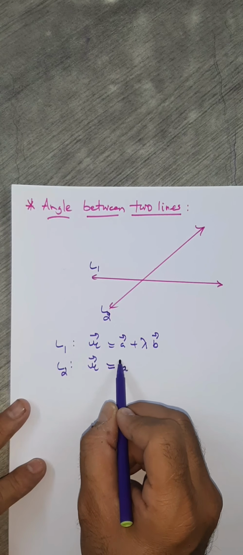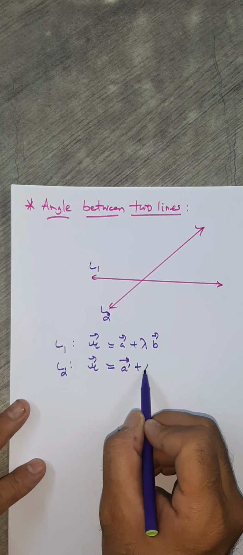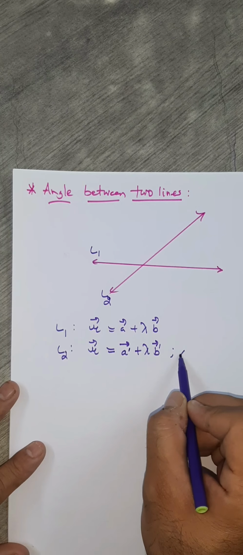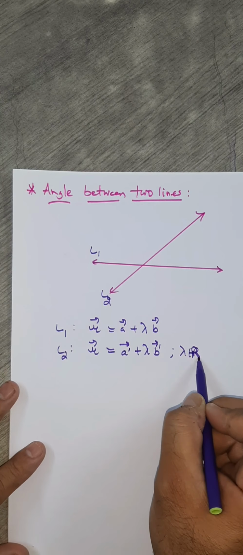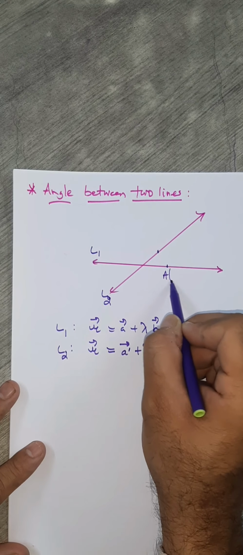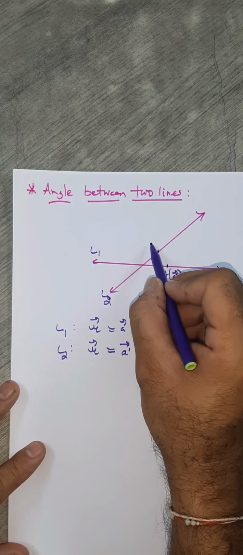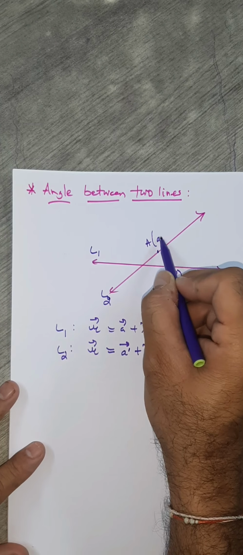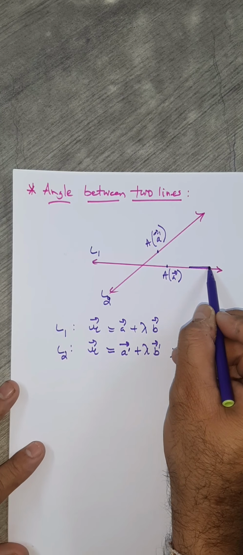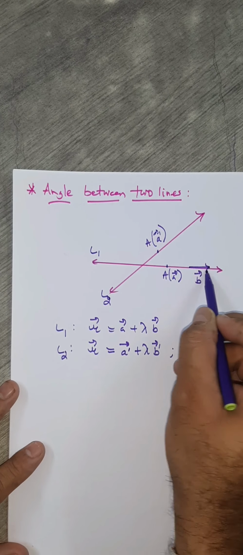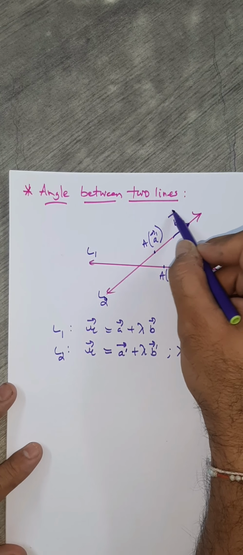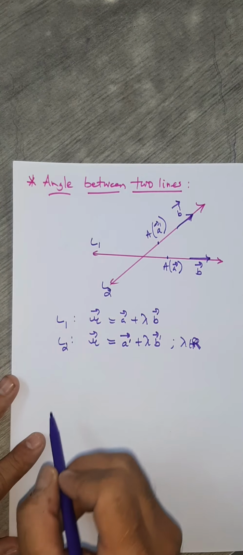Suppose it passes through fixed point A dash plus scalar, and here this passes through B dash. These are just symbols, remember, this is not important. Fine. So this passes through vector A, here this passes through vector A dash. Here the direction of this one is given by vector B, and the direction of this one is given by what? Vector B dash. Okay, so we have these two.